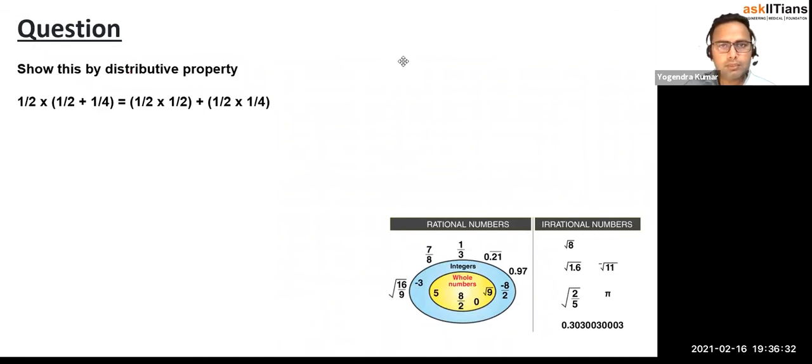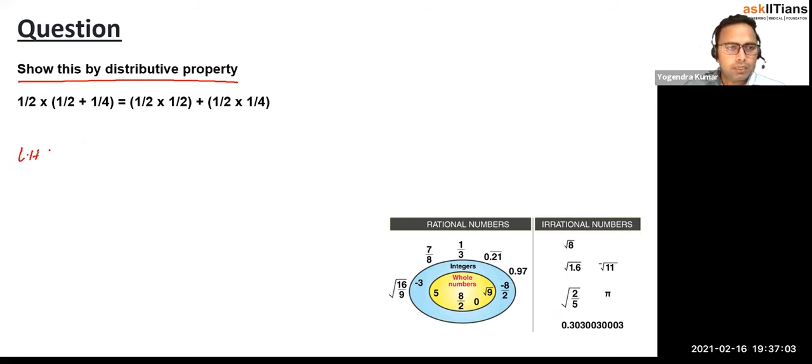Here on this question, they say, show this by distributive property, right? So basically what we need to show is that the distributive property is applicable on rational numbers. This is the distributive property on rational numbers. So 1 by 2, if I multiply it to 1 by 2 plus 1 by 4, first I do the addition, and then multiply with 1 by 2.